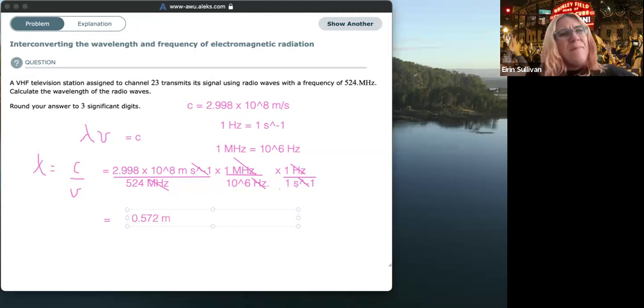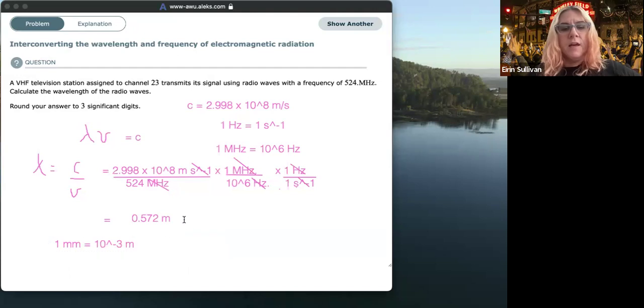I can't remember if ALEKS just says calculate wavelength, and I can't see what units ALEKS is asking for. It may be okay with meters, or looking at the order of magnitude there, it would not surprise me if ALEKS also asked you to convert that to millimeters. So in case that's the case, we can practice a bit of our unit conversion. Milli is 10 to the -3, so 1 millimeter is 10 to the power of -3 meters.